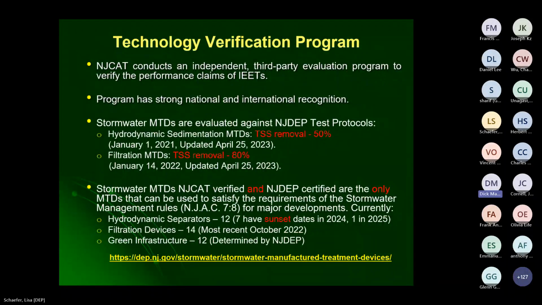And the reason they've been sunset is that hydrodynamic separators, and we'll talk more as we go along, that were verified and certified under the old protocols, we felt had learned how to play a game and how to, I would call it, jump the test, so to speak, by depositing sediment in the inlet pipe, and were not a true indicator of how the MTD actually was operating.